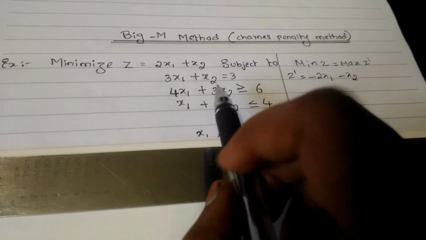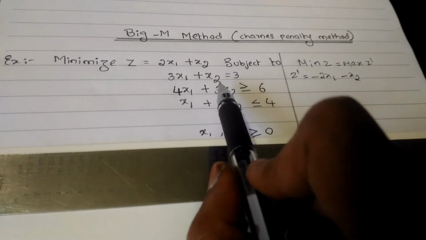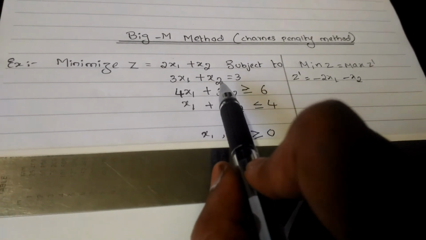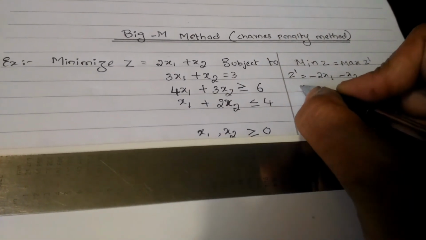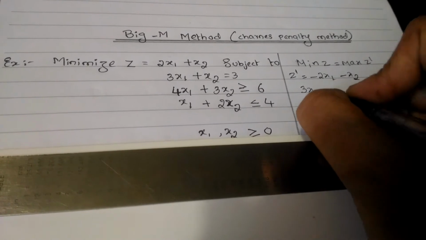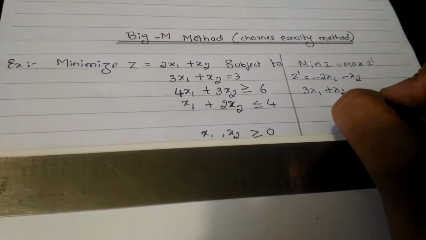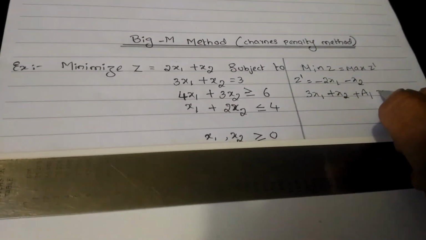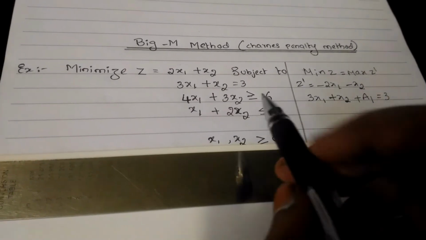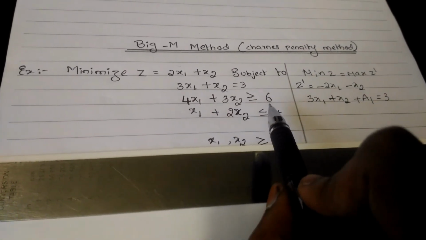The first equation has got the LHS part which is equal to RHS. With this, we understand that we only have to add the artificial variable for the first subject to constraint. That will be 3x1 plus x2 plus a1 is equal to 3. Now this second subject to constraint has got LHS which is greater than or equal to RHS.